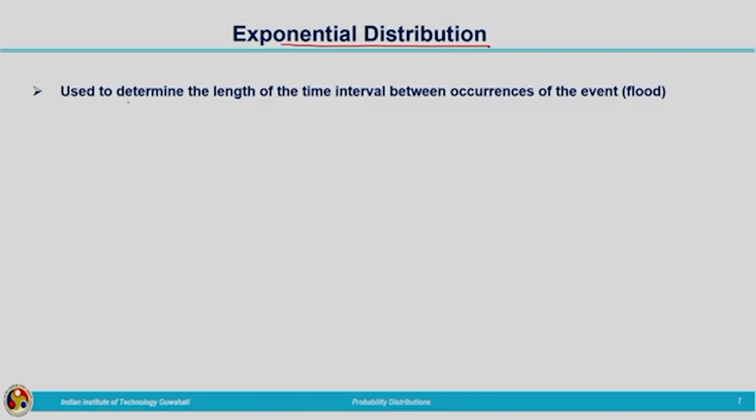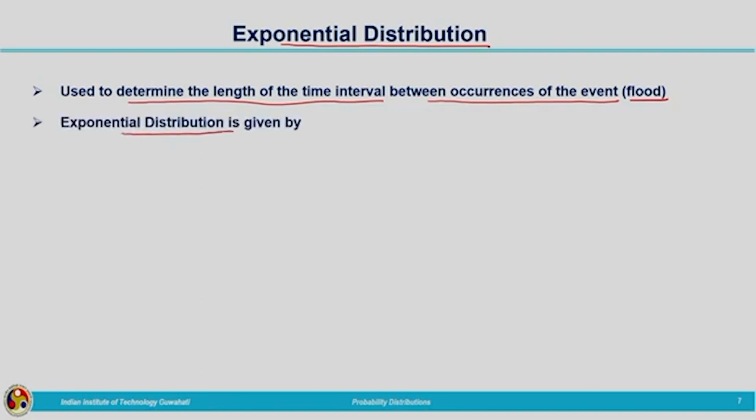Exponential distribution is used to determine the length of the time interval between the occurrences of the events. For example, flood. That is, it gives an idea about the length of the time interval between occurrence of two flood events. Exponential distribution is given by the function f of x equal to lambda e raised to minus lambda x.